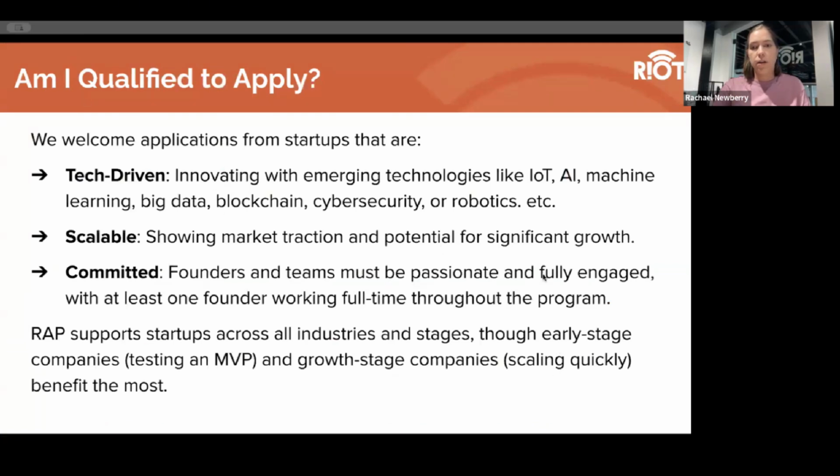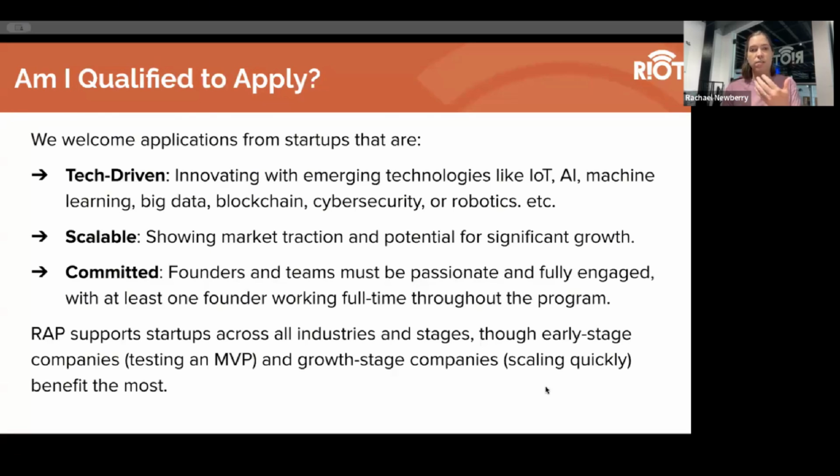Okay, so let's talk about what it looks like to apply. I mentioned that through the RIoT Accelerator Program, we are typically supporting companies that are technology driven, so they have a tech-based solution at their core. Usually these tech companies are scalable, and they might bring an early version of their product to market.